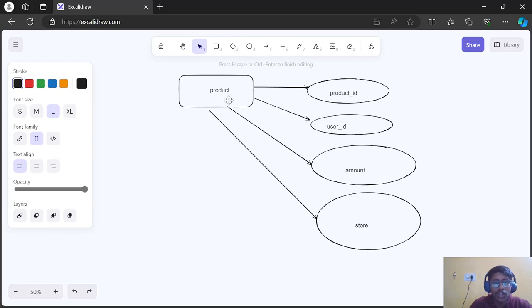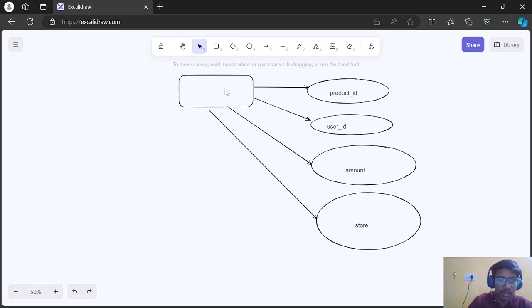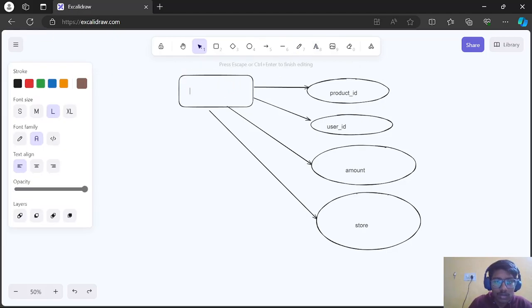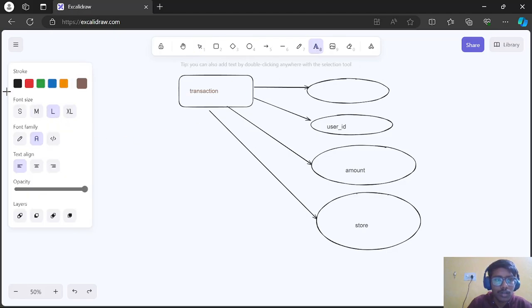So now let's go on to the next entity, that would be transaction, of course. So this is the transaction. As seen in the previous entities, there is a transaction ID which is unique, and the primary key.